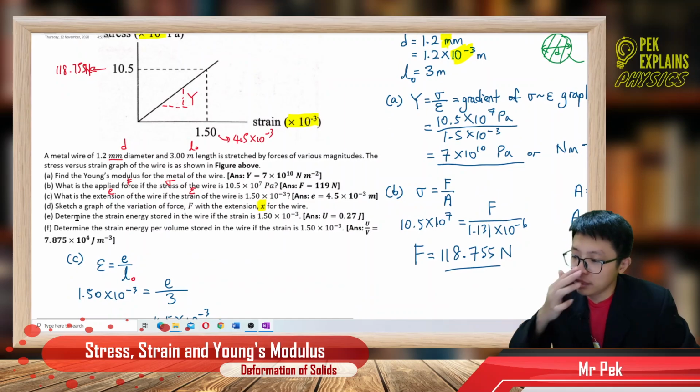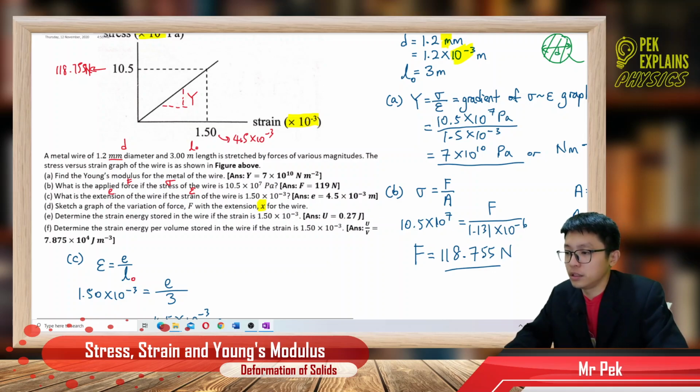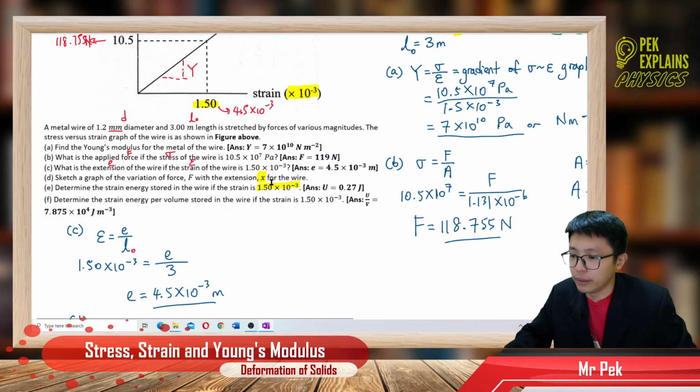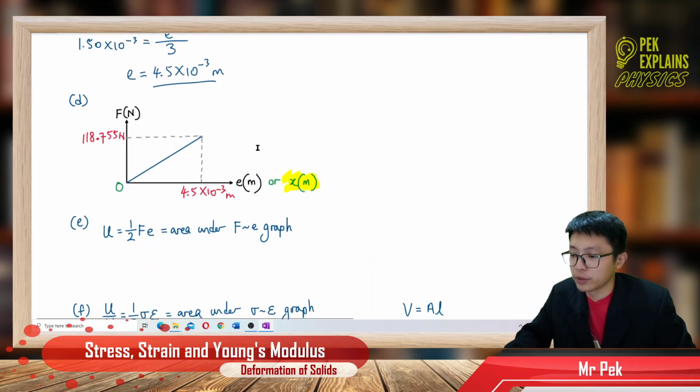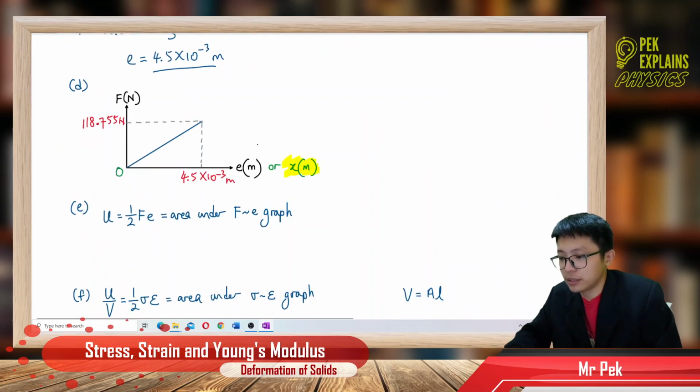Now, E. Determine the strain energy stored in the wire if the strain is 1.5 exponent negative 3. That means if the strain is this value, 1.5 exponent negative 3, what is the strain energy stored in the wire? 1.5 corresponds to 4.5, so that means also under this elongation.